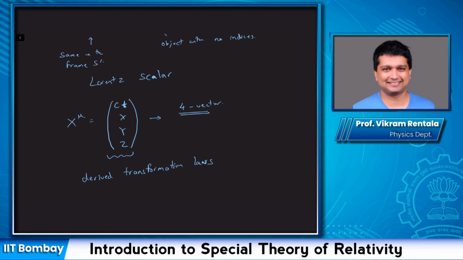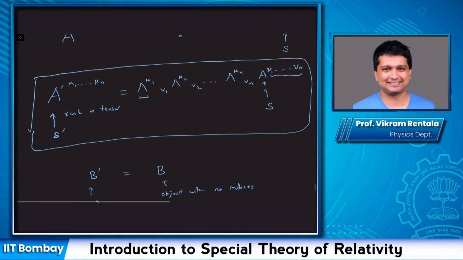But among the possible guesses, everything should be expressible in terms of tensors of some rank: either rank 0 scalars, rank 1 4 vectors, rank 2 tensors, and so on.